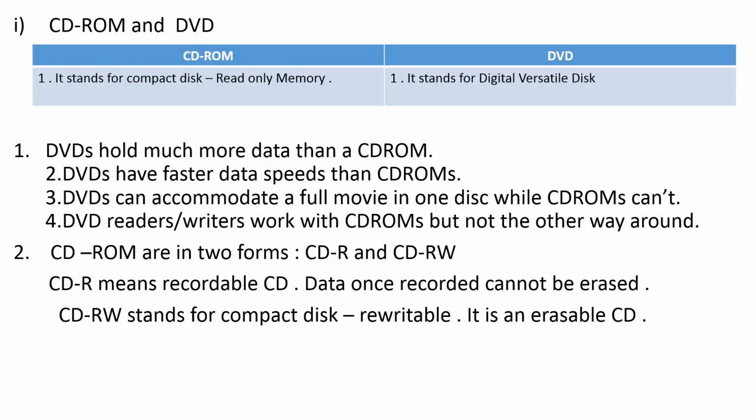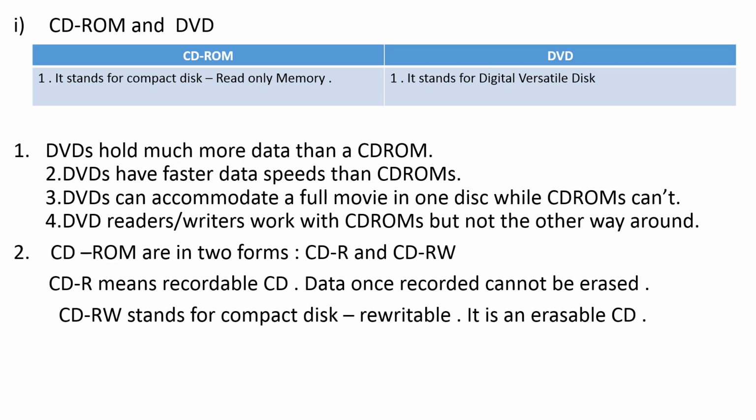First we are going to study CD-ROM and DVD. CD-ROM stands for compact disc read-only memory and DVD stands for digital versatile disc. CDs and DVDs are rarely used nowadays, except on a few occasions. DVD holds much more data than a CD-ROM.